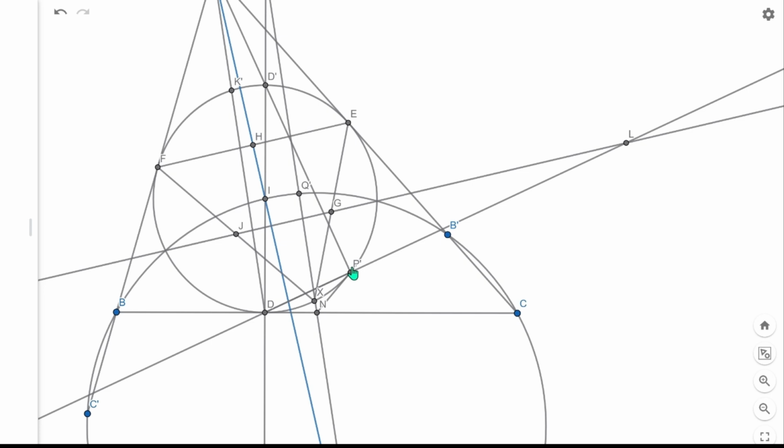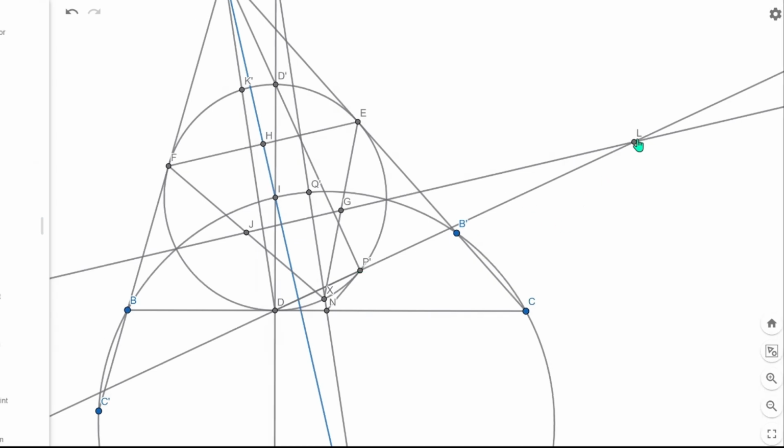And how do we end up showing this? Well, because L and G both lie on the midline, we know that this midline here is parallel to EF, and we still haven't really used the fact that DX is parallel to EF. So LG is parallel to DX.